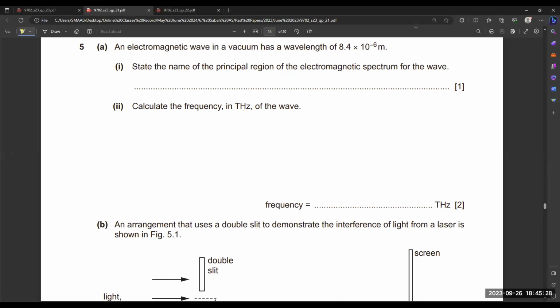The wavelength is equal to 8.4 exponent minus 6 meter, and you have to name the type of electromagnetic spectrum that actually lies in this wavelength. So what is the range of the wavelength that you can identify? Either it is infrared, gamma, beta, or any other.